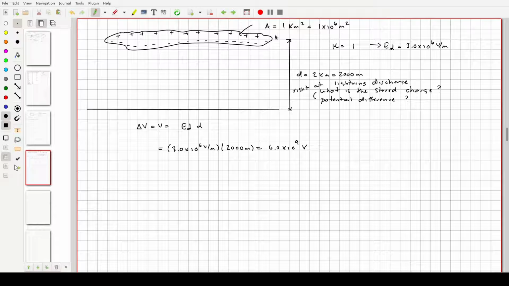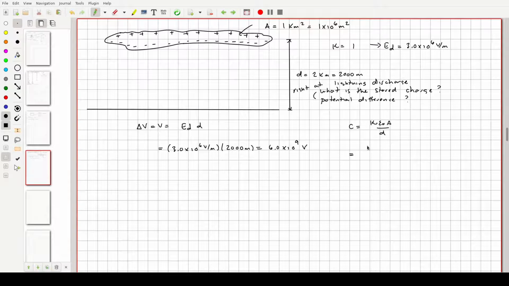You know what the area is. That's going to be the same area more or less on the ground that has the charge that's being induced in it. So here our capacitance would be kappa epsilon naught A over D. But really kappa is just 1.